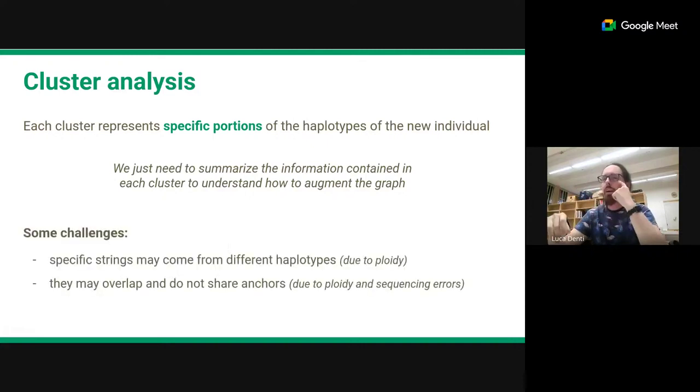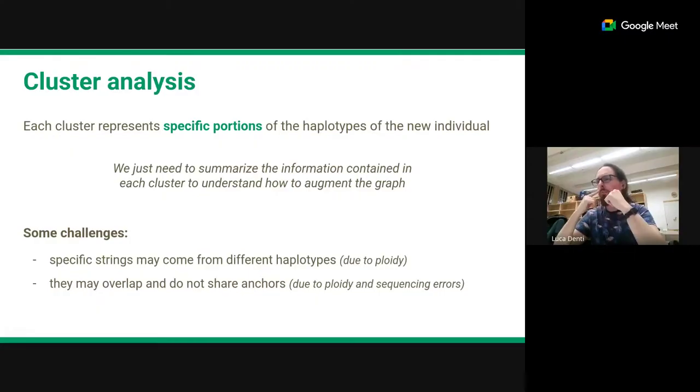And actually there are some challenges. Specific strings may come from different haplotypes, because we use unique anchors, so solid anchors. And due to ploidy, we may have specific strings coming from different haplotypes in the same cluster, so we need to discern which haplotype they come from.